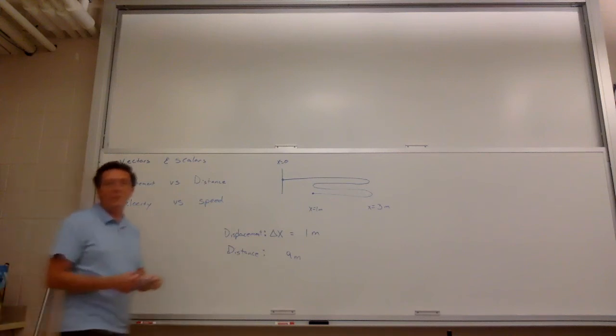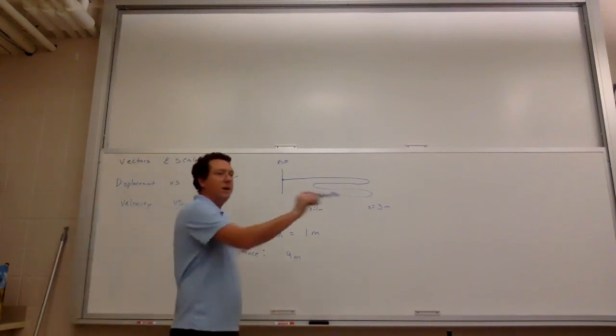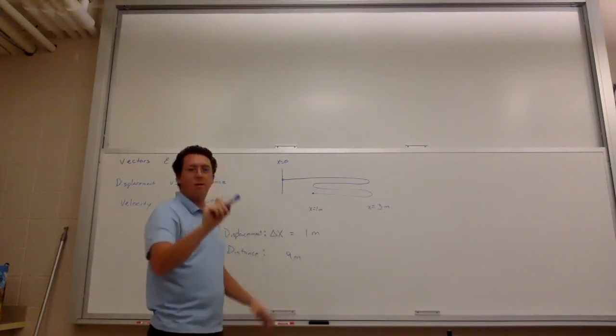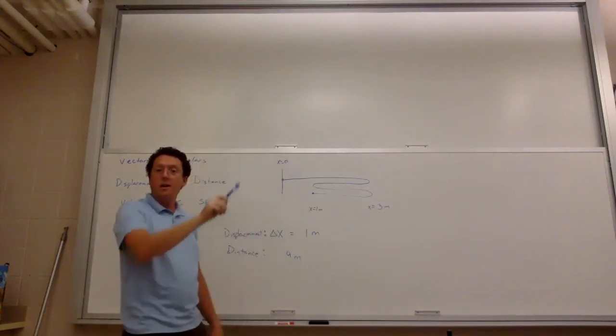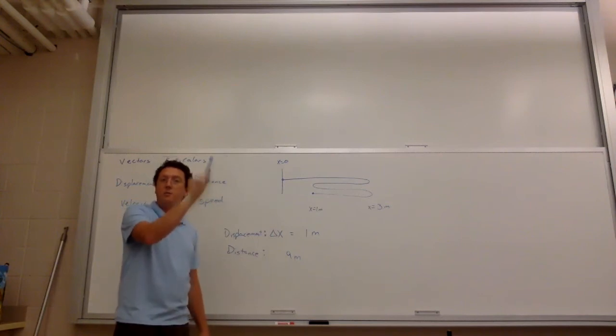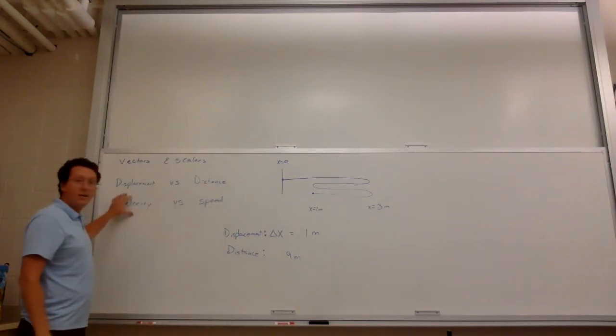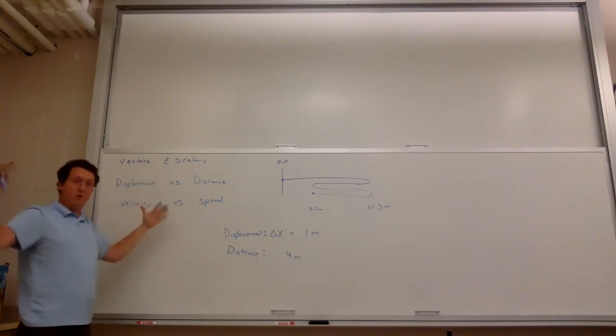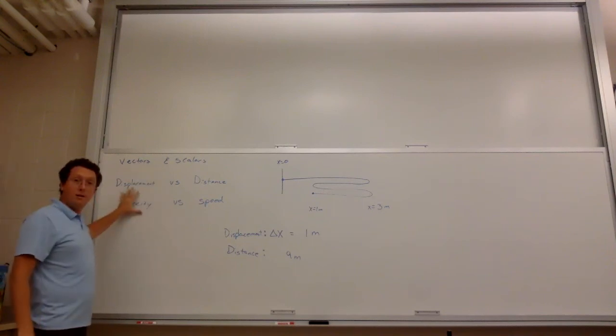Later on, we'll see you can have a velocity to the right, a velocity up, a velocity forward, or any other direction. Those are all different velocities. Velocity knows about direction. So velocity has a size, big or small, and it has a direction. It's a vector.